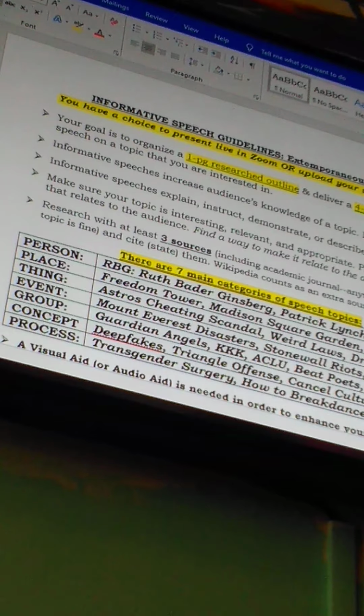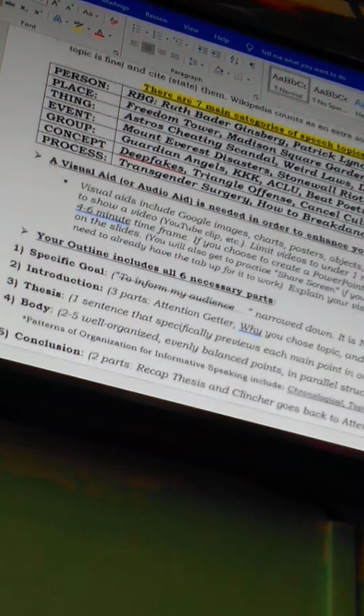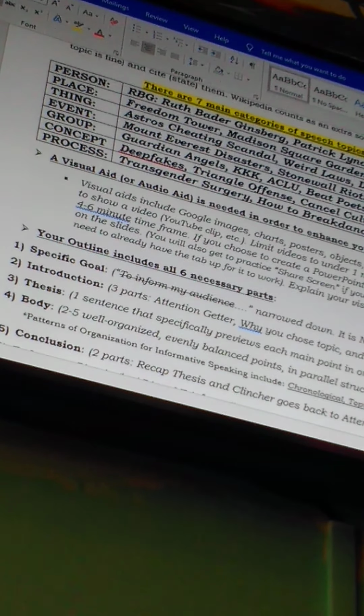In terms of the main categories, there are 7. You could do a person, and I give you lots of examples. It could be a place, and I want to be very clear, it does not have to be a place in New York. I just happened to take a couple of speeches that students have done in the past, and then a student who recently graduated told me about a trip that she took out east to Lavender Fields.